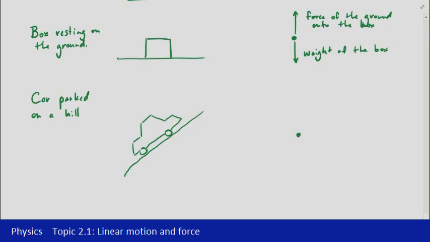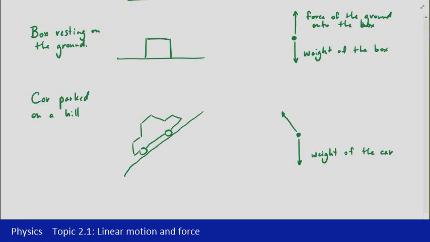As with any object near the Earth's surface, we're going to have the weight of the car pulling it down. In this case, because the surface that the car is sitting on is on an incline, the force of the road onto the car will be in that direction. Let me just check that I've got the size of that arrow right. I think I need to make it a little bit shorter.